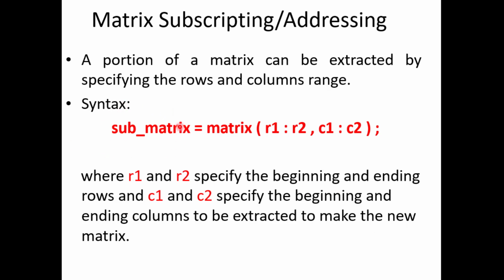Generally, the sub-matrix is given as matrix(R1:R2, C1:C2), defining the range of the rows as well as the range of the columns. In this case, R1 and R2 specify the beginning and ending rows, while C1 and C2 specify the beginning and ending columns to be extracted to define a new matrix.